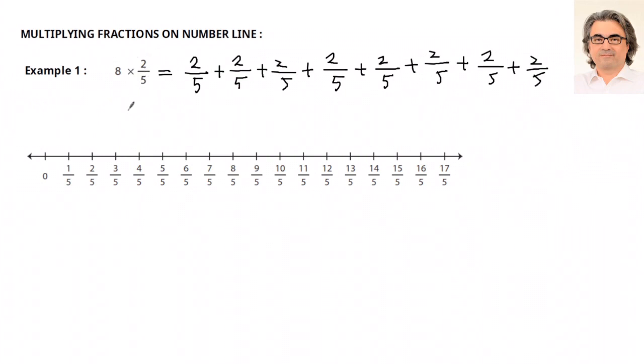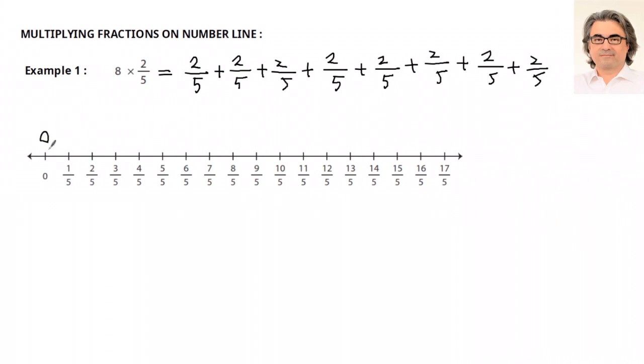It means I should divide a whole into 5 equal parts. What is the meaning of whole here? The interval between two consecutive integers. For example, the interval between 0 and 1, or 1 and 2, or 2 and 3, and so on. So I should divide each of these types of intervals into 5 equal parts.